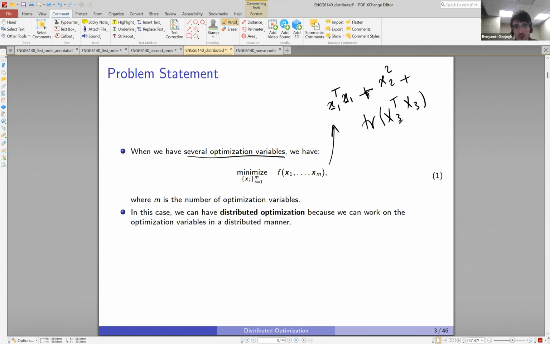We have a lot of parallel cores in CPUs, and also a lot of optimization variables, because now that we have complicated computers or quantum computers, we can solve very complicated optimization problems in theoretical physics, or maybe aerodynamics. So let M be the number of optimization variables. In this case, we have distributed optimization because we can work on the optimization variables in a distributed manner.